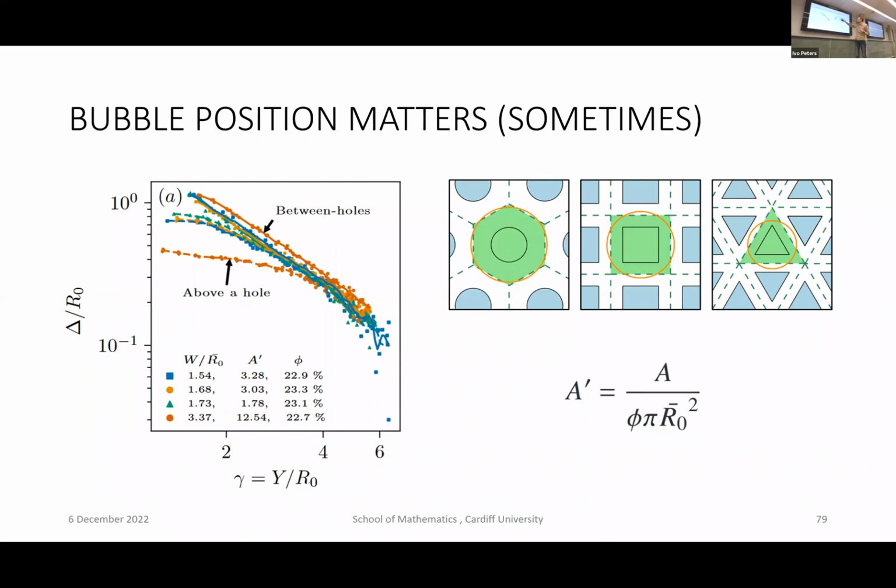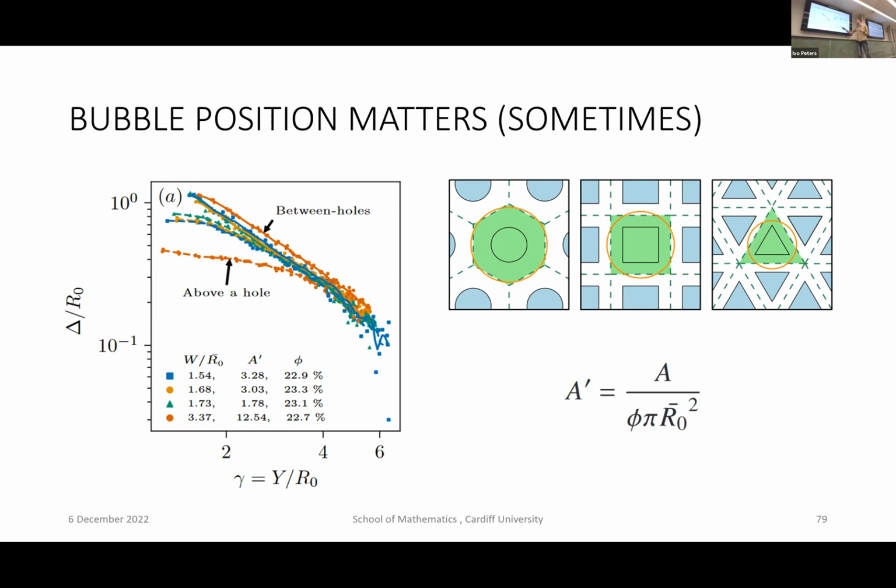So the way that you can see that, even if your bubble is quite a bit bigger than a hole, if your holes are very far apart, then it would still matter whether you are above a hole or in between holes, because the other holes simply would be too far away to see them.